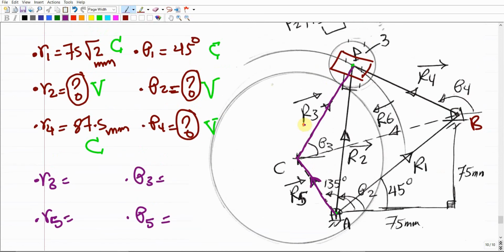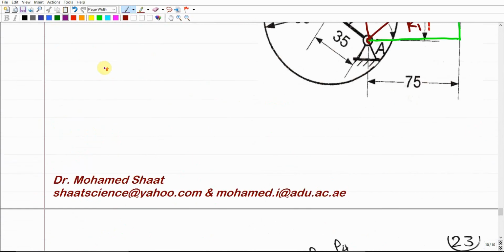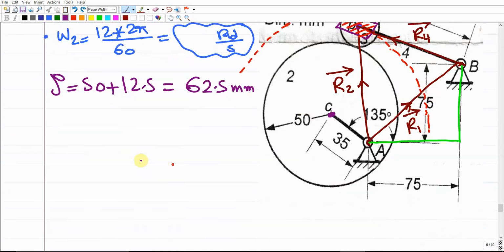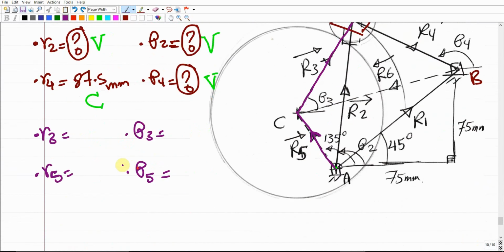So R3 should be the distance between P and C, which should be rho, as we discussed. Our rho we calculated up there as 62.5, which is this distance, the sum of the two, as we discussed before. So it means that R3 is already given as 62.5 millimeter, and this is a constant distance.